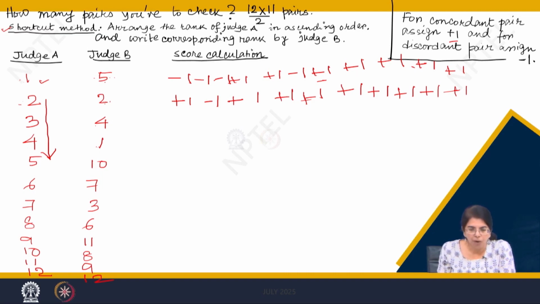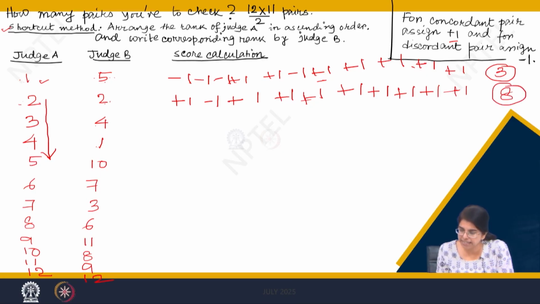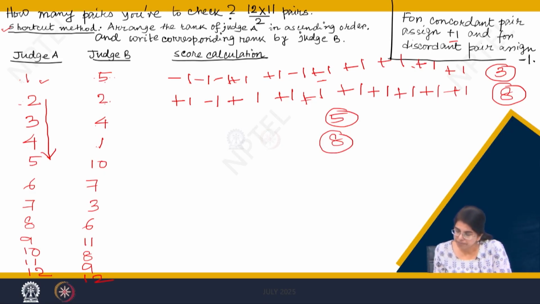So basically for 1 your total score will be 3. For 2 your score will come as 8. For 3 your score will be 5. For 4 score will be 8. For 5 score will be minus 3.